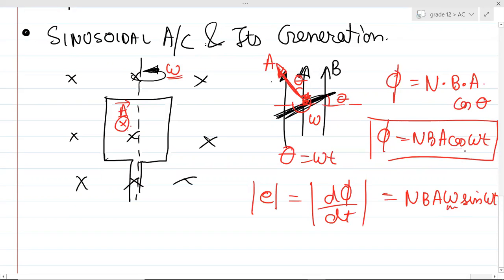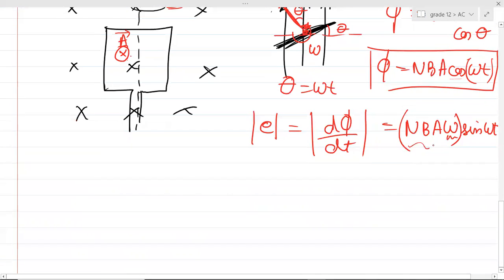Why did this omega come and multiply? Because when we differentiate with respect to time, the chain rule applies. So it becomes N into B into A into omega sine omega t, and this whole thing is basically the maximum value of EMF.